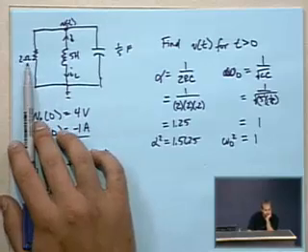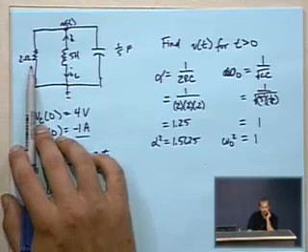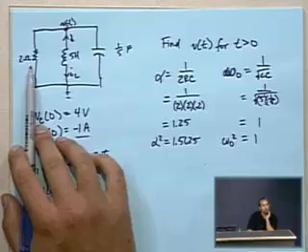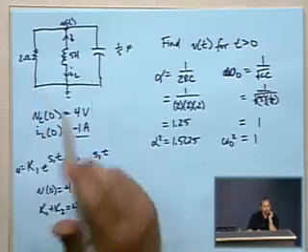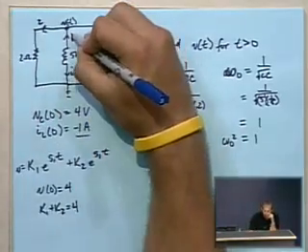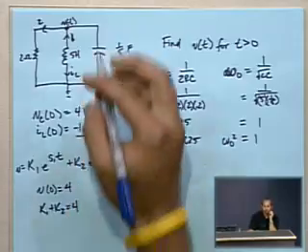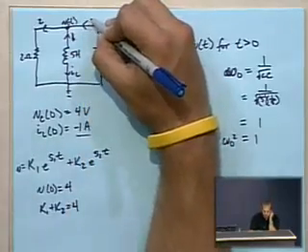Well, if there's 4 volts across the resistor and there's 2 ohms of resistance, then there better be 2 amps flowing through that resistor, right? It's pretty straightforward. So if there's 2 amps flowing that way, there's 1 amp flowing that way, then, well, what's the current flowing through the capacitor? Yeah, it's 1 amp and it's going this direction.